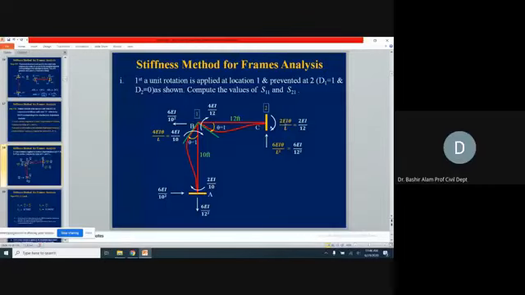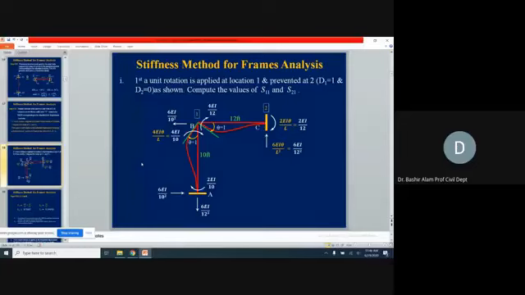It will be balanced in the leftward direction, the same amount, 6EI over 10 square. So here the horizontal reaction is leftward directed, and the magnitude is 6EI over 10 square. It is not shown, but it is here. Now this is when we keep D1 equal to 1 and D2 equal to 0.